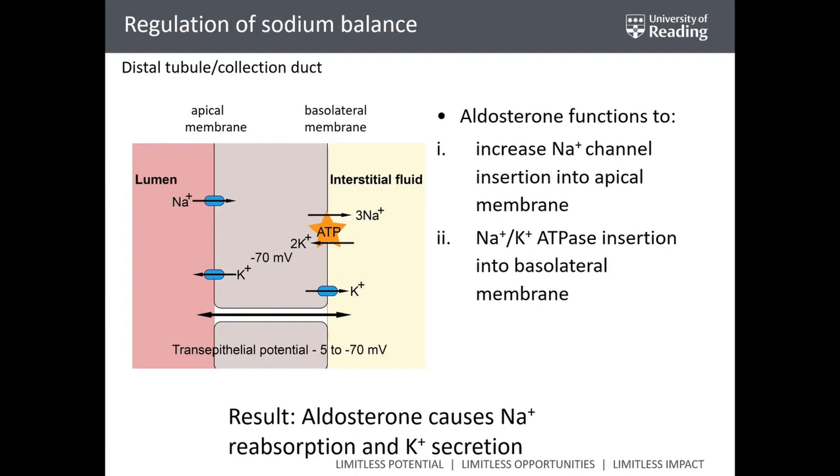It increases the amount of passive channels for sodium on the apical membrane of these epithelial cells, while it increases the number, the density, and the total number of the sodium-potassium ATPase pump on the basolateral membrane, increasing the amount of sodium that is actively pumped from the cytoplasm of the epithelial cells into the interstitial fluid, hence generating the electrochemical gradient for sodium, which drives sodium to move from the lumen into the cytoplasm and from the cytoplasm into the interstitial fluid.